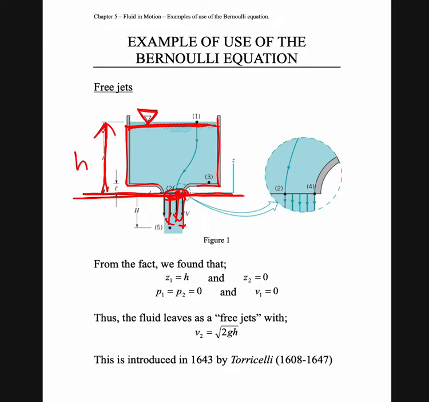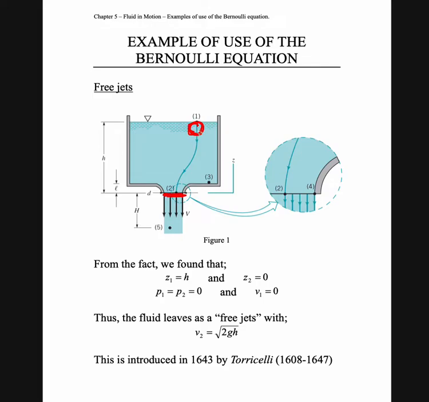To use the Bernoulli equation, we must determine the streamline. You just imagine that we have one molecule from the free surface here. It starts at 0. If the hole here is closed, the velocity of that molecule is equal to 0.